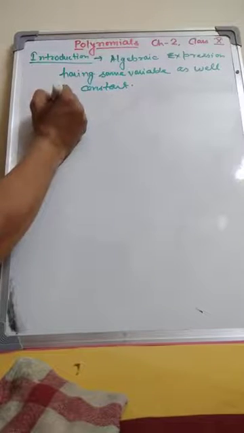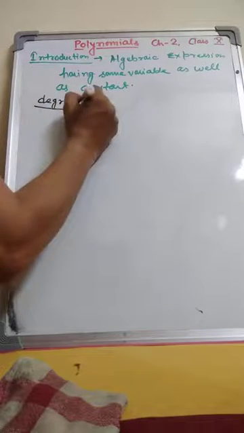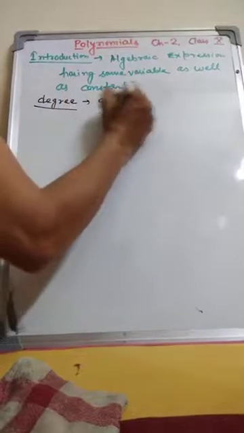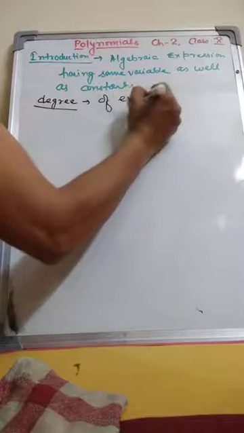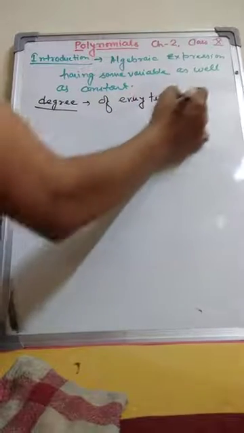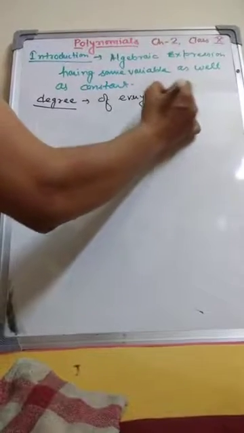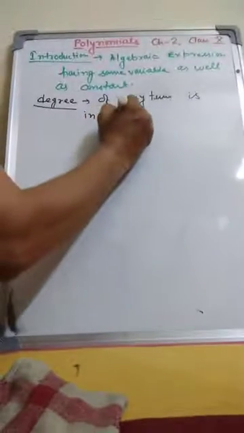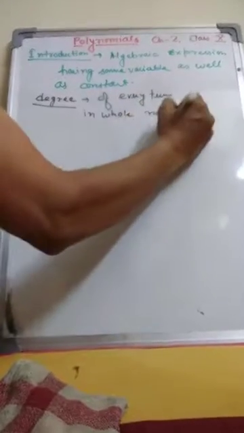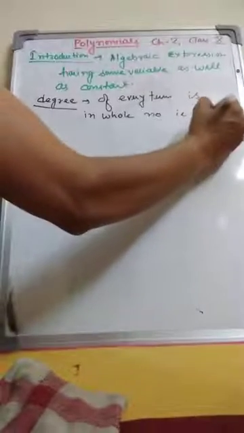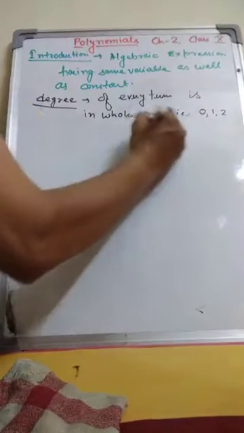And the degree of every term is a whole number, that is 0, 1, 2 and so on.